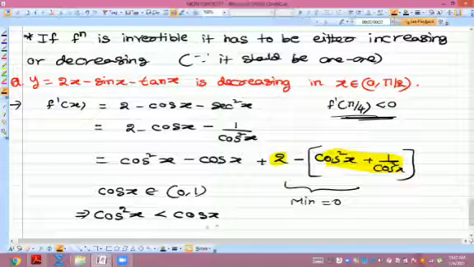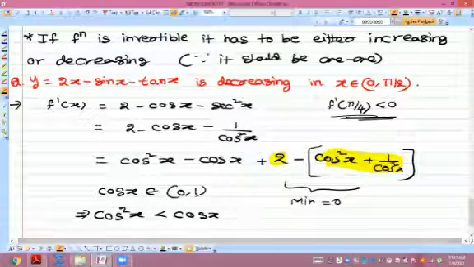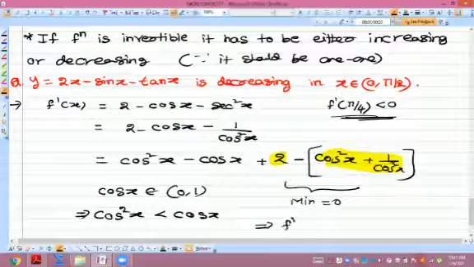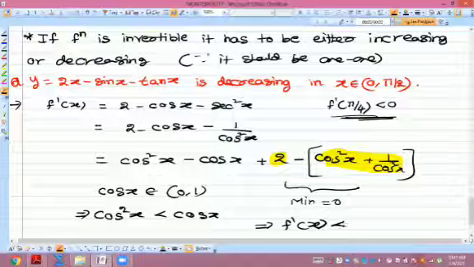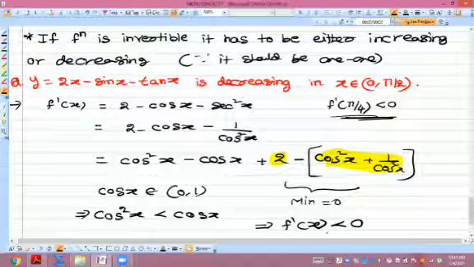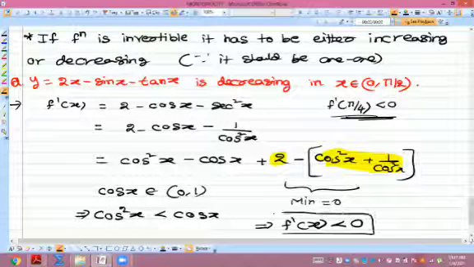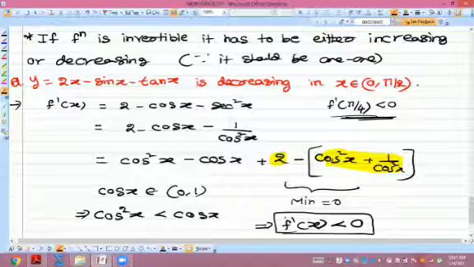Yes or no? So that implies f dash of x is always negative, so that will be decreasing. Clear, no?